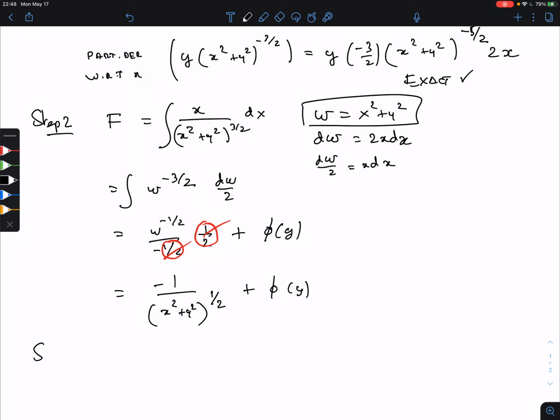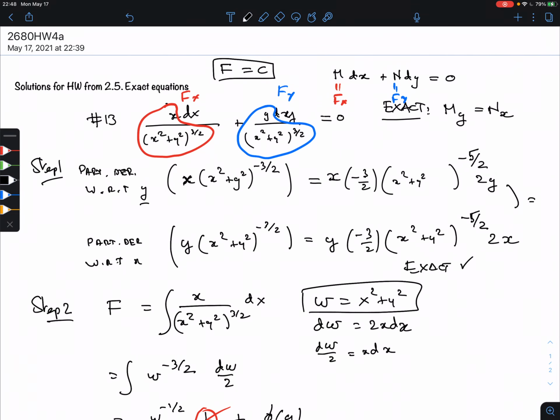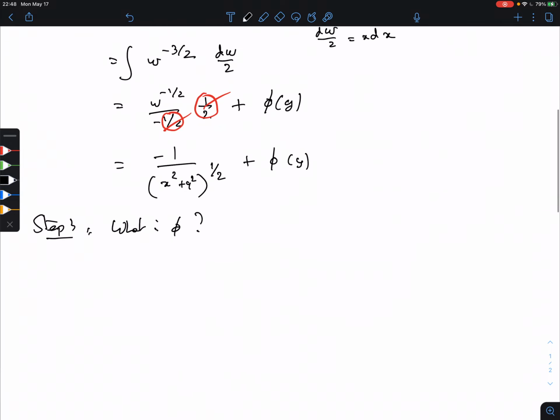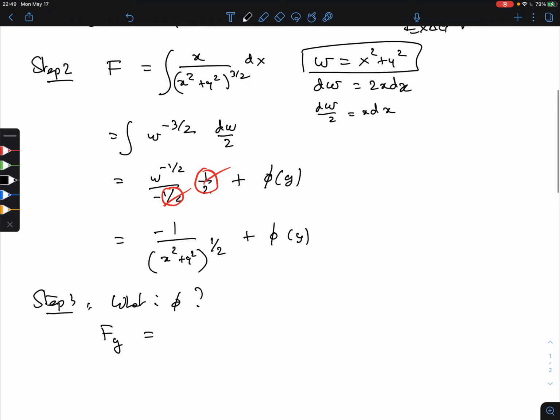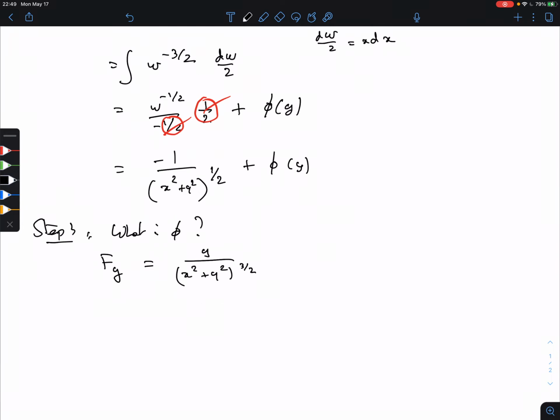And so the next step is to determine phi. So what is phi? And that we do from looking at the blue guy. So now we say, we know that f sub y should be equal to this quantity here, y over x squared plus y squared to the power 3/2. Okay, this is the given.